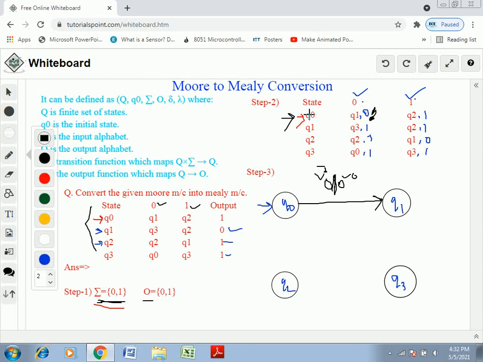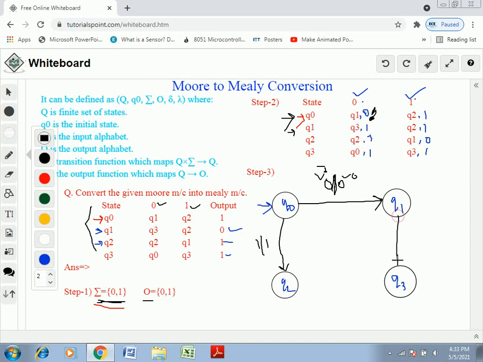Next Q0 goes to Q2. I draw the arrow. Q0 goes to Q2 for the input 1 and it generates the output 1, so I write here a 1. Next we jump to the Q1 state. From Q1 it goes to state Q3.